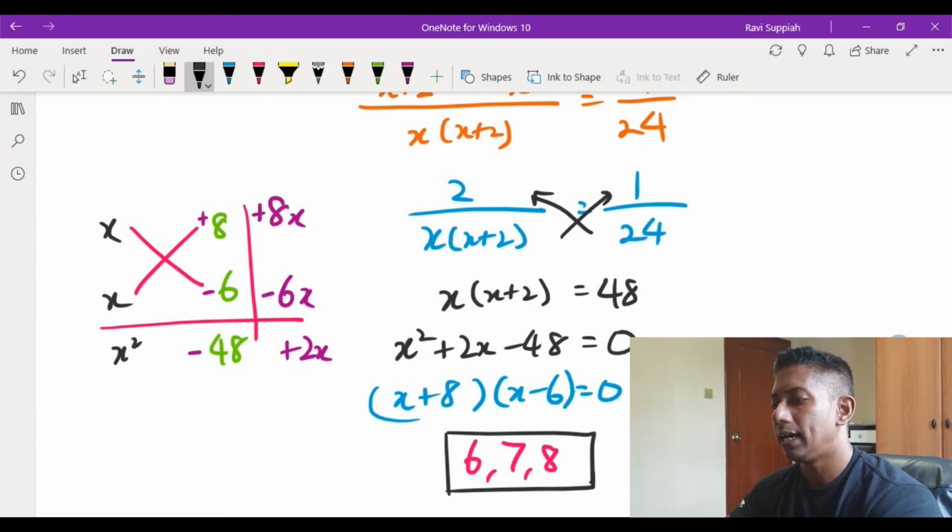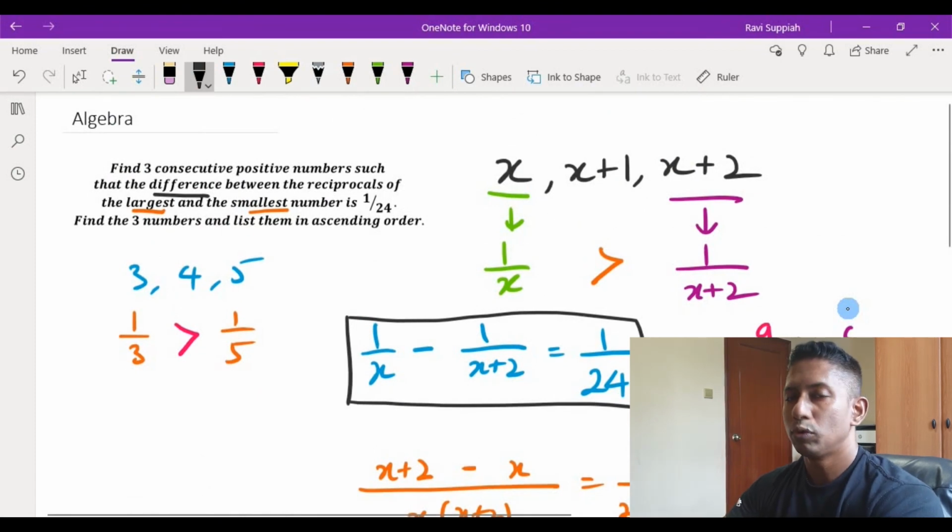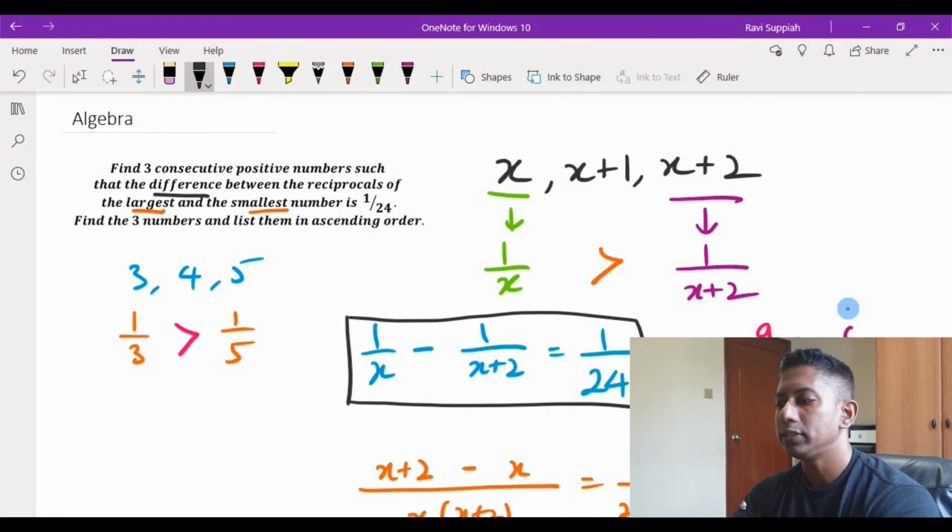I hope that this video and explanation has given you a good idea of how to approach such questions. As I mentioned, the first step is always getting the equation from the information given in the question. That is very important. Once you get that first step correct, the rest is plain basic algebra.